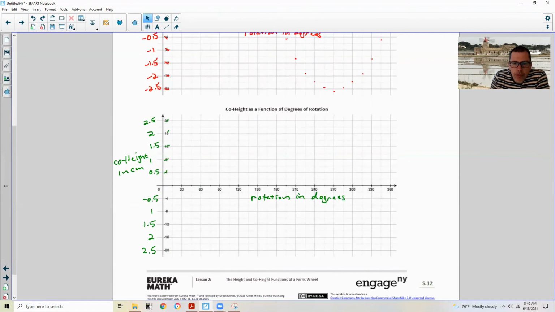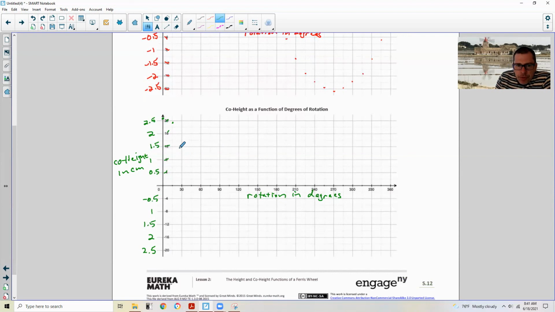Okay, let me just move this a little closer, and here we go. All right, so now I'm graphing the rotation degrees, comma, Kohheit. So at 0 degrees, we were at 2.6, which is here. At 15 degrees, we were at 2.4, which is about here.